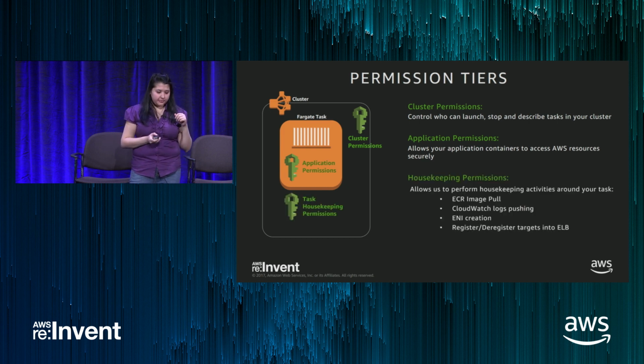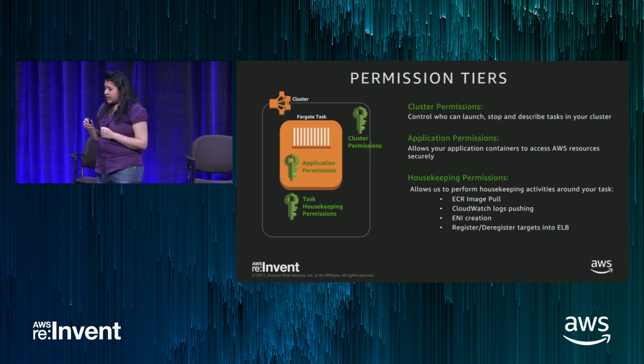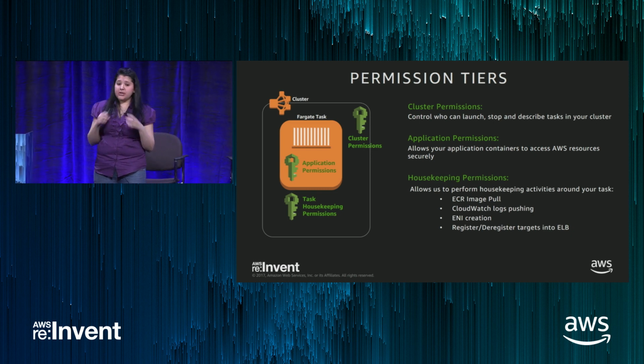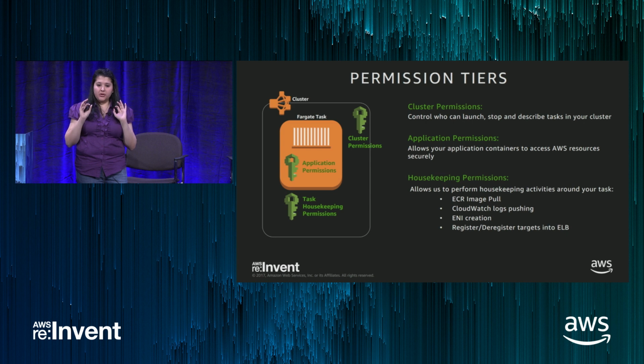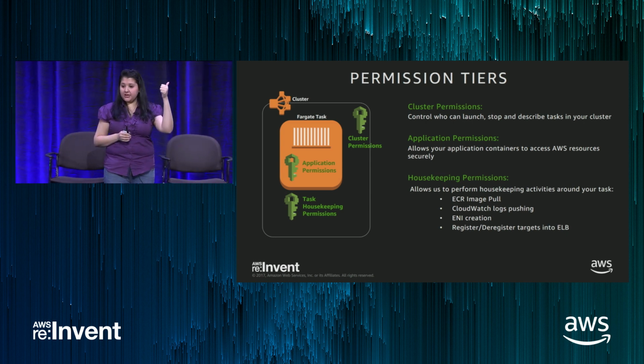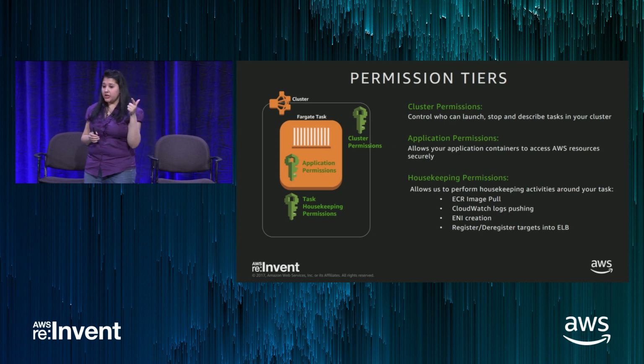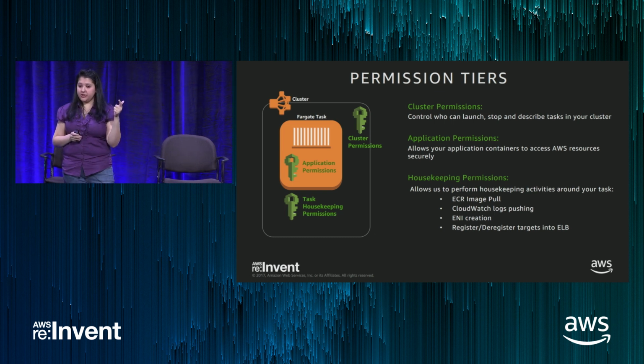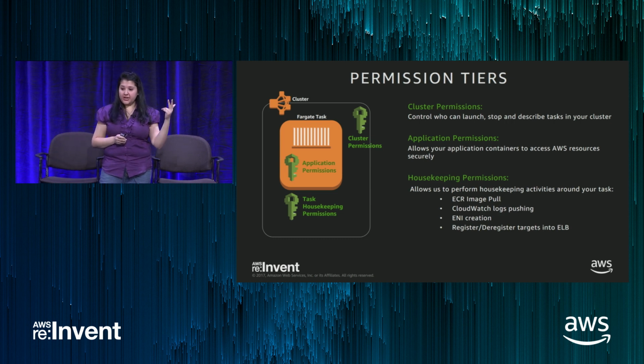And finally, there are a lot of activities that we perform on your behalf, just so you don't have to be bothered doing it, like the ECR image pull to actually get your containers running, pushing of logs to CloudWatch so you can actually see what your application is logging, the ENI creation and management for networking, the registration, deregistration of targets into your load balancer.